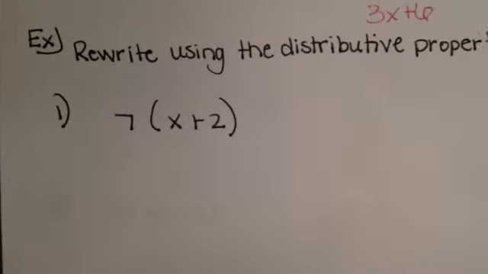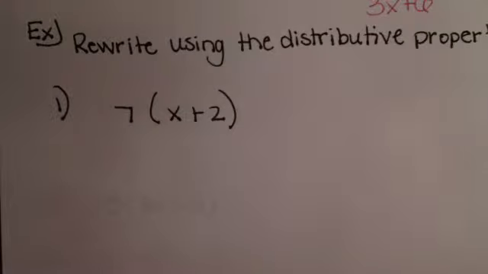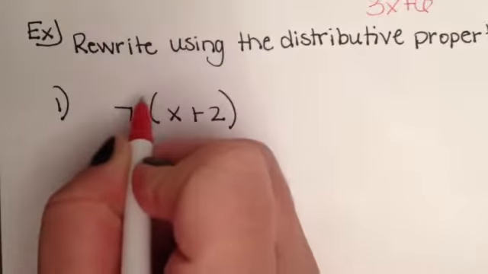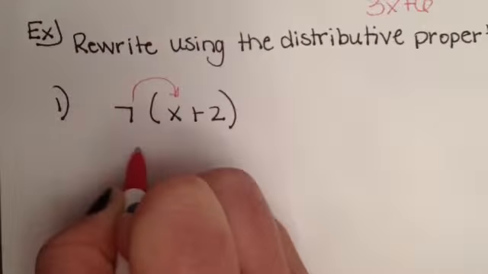Rewrite using the distributive property. This time, what number is out front that we need to distribute to both inside? The 7. So I want you to draw these in. 7 times x.